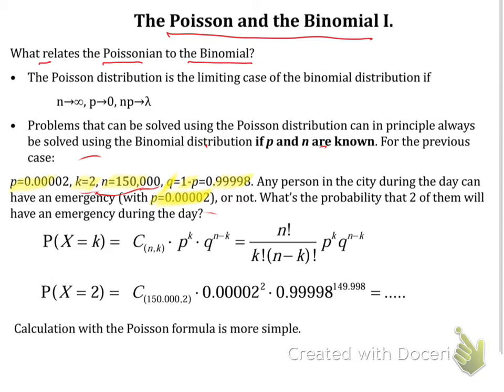So what is the probability that 2 of them will have an emergency? So I have K equal to 2, and I can take the same numbers and substitute in the binomial formula.